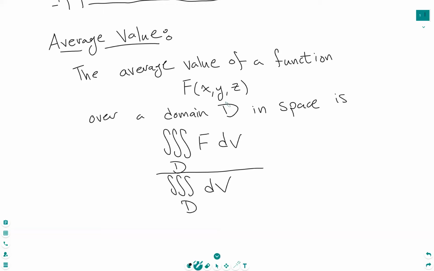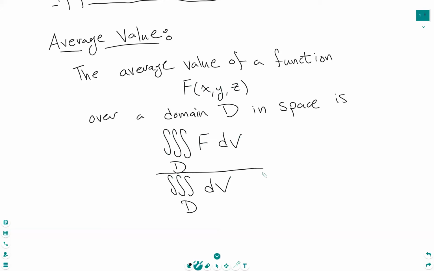So what I'm doing is I'm adding up all of the points in D of F. So at x, y, z, I add a point. At another x, y, and z, I add another point, and I continuously add all of the points in D of the function f, right?